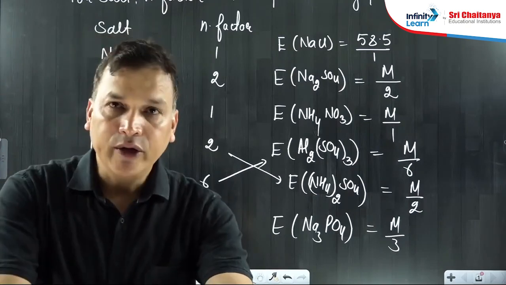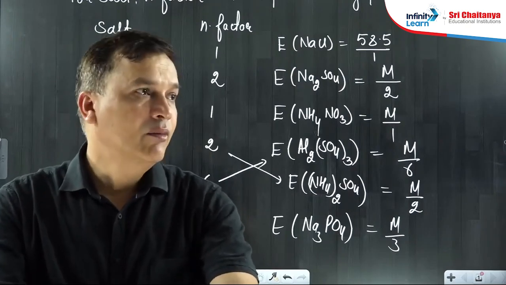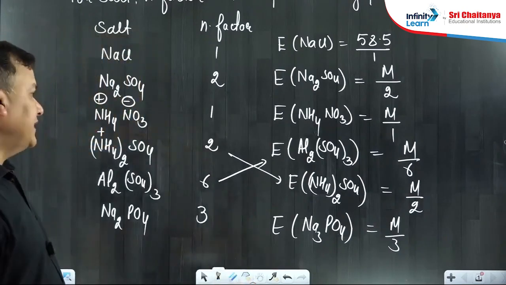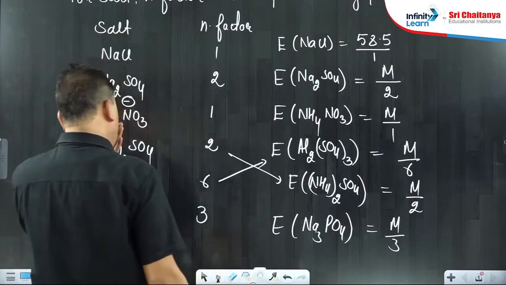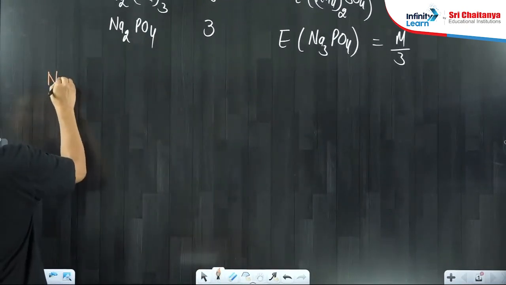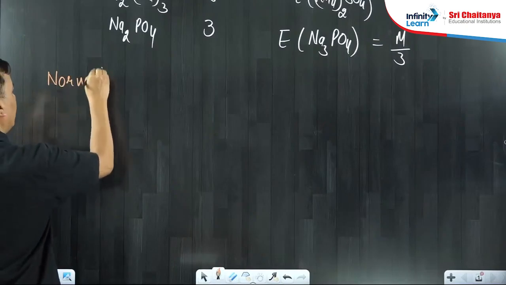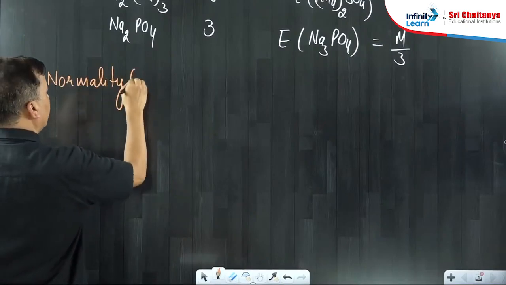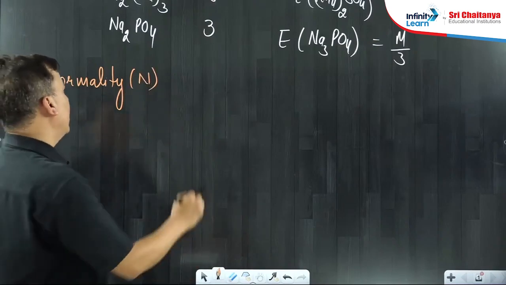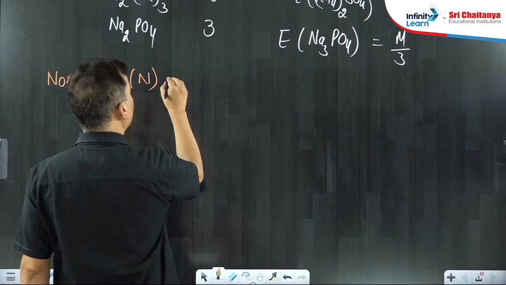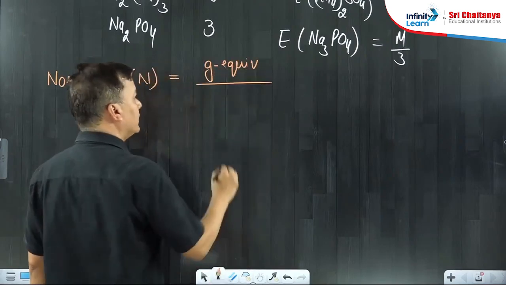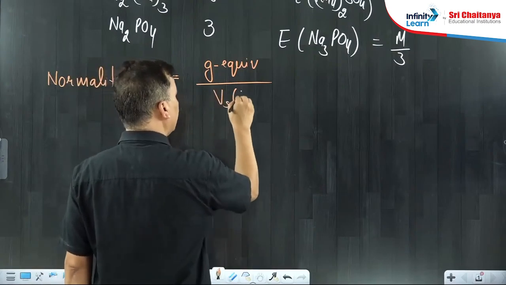Am I clear? So, dear student, once again I will move to the definition of normality, because everything that we are solving here is for normality. Normality is capital N, and this normality is equal to, will you tell me, number of gram equivalents upon volume of solution in liters.